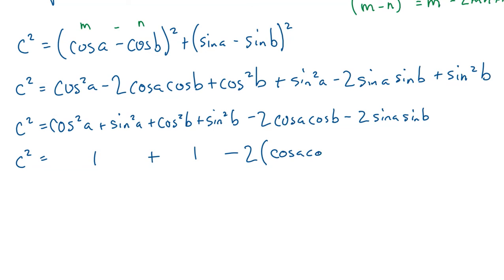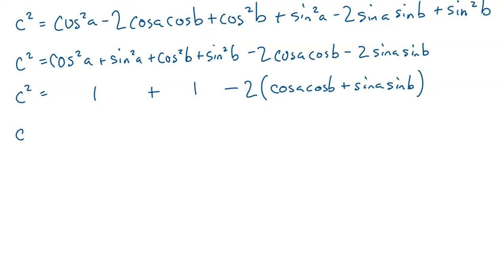Cos A cos B plus sine A sine B. One plus 1 is 2. Okay, and we're done with that one for now.